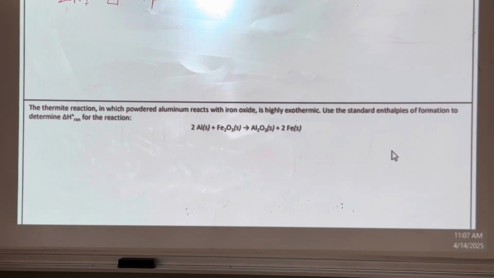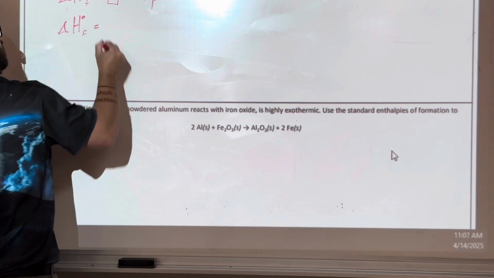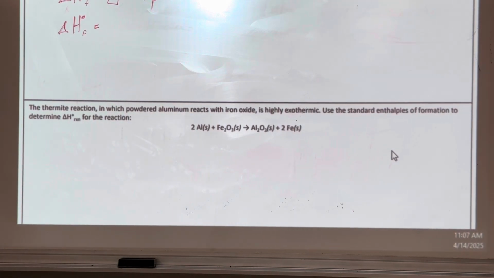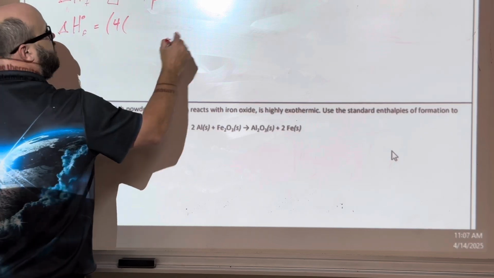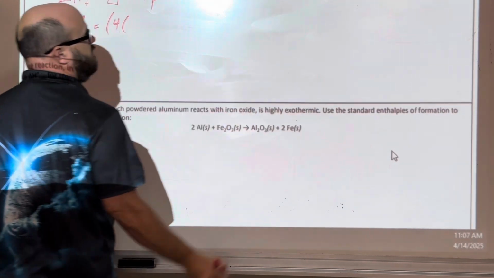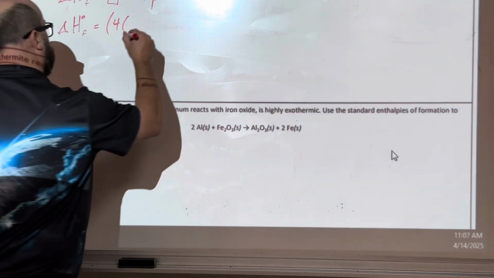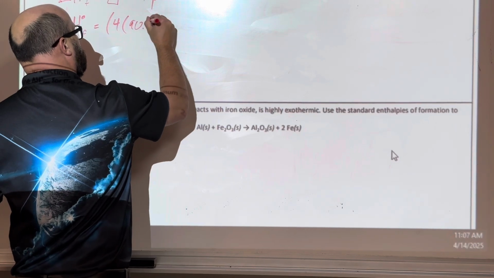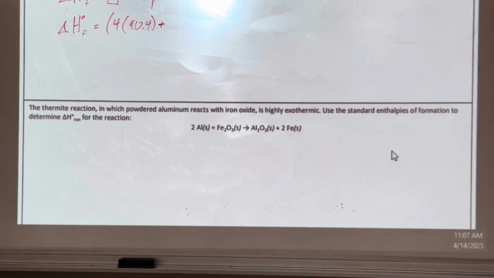So in this case, and you'll be given these. Look at the products first. We've got 4 molecules of nitrogen monoxide. Nitrogen monoxide's standard enthalpy is 90.4. And then we need H2O.